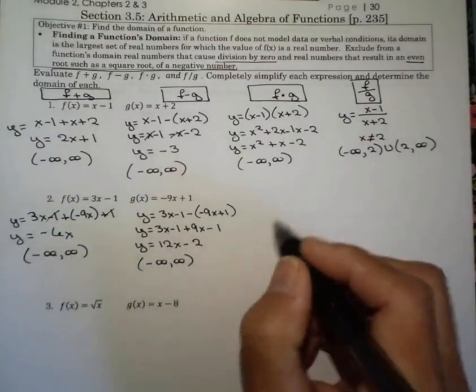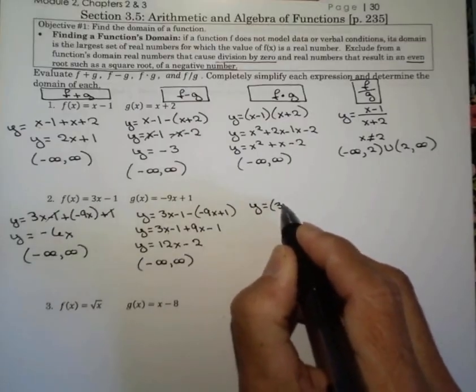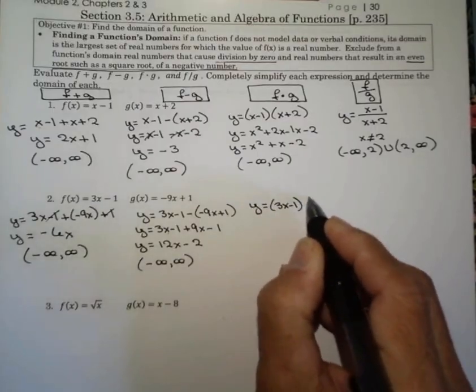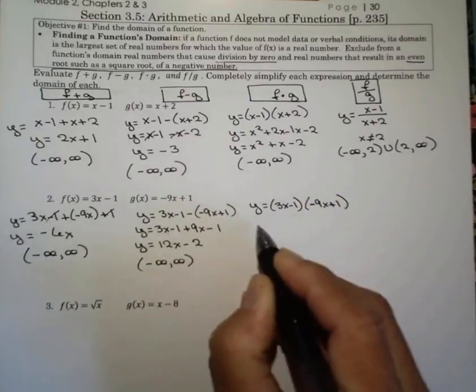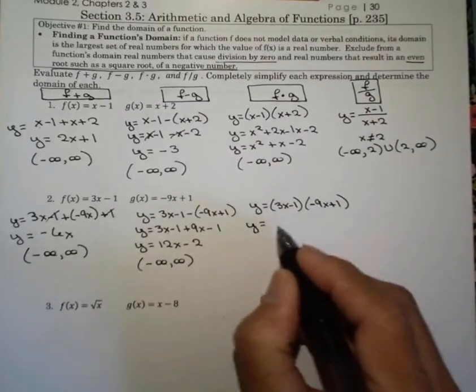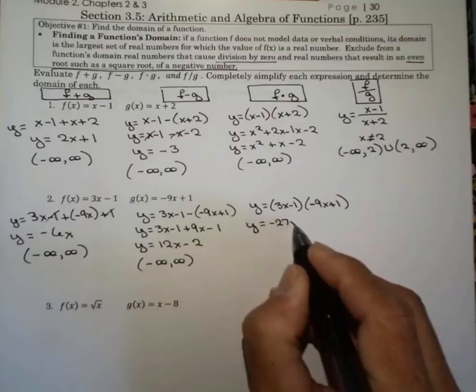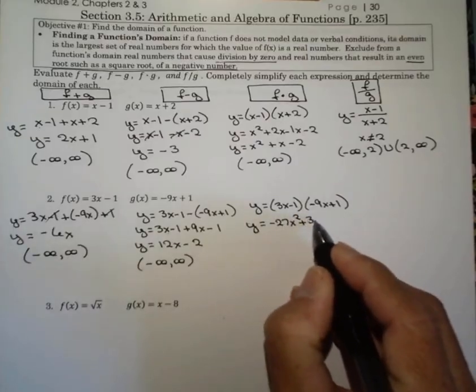My next one, f times g. Well, this time y would equal my 3x minus 1 times my -9x plus 1. And I will FOIL. And I'm going to get a -27x squared there. I'll get a positive 3x when I do outside.